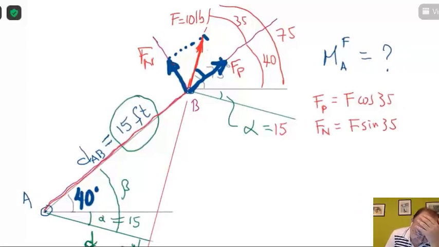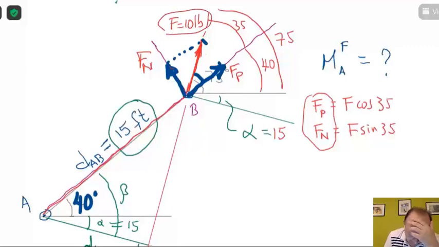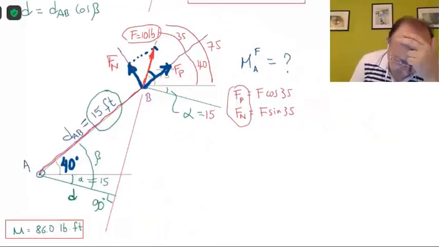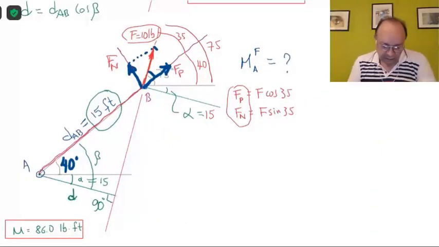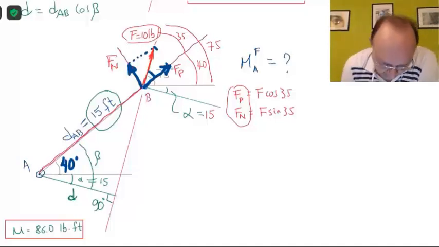All right. So now let's calculate the moments of those two forces. Those two forces, Fp and Fn, are the components of force F. The moment of force F with respect to A, we found it to be, remember we had it here on the corner, 86 pounds-feet. Now we're going to calculate it based on the components.